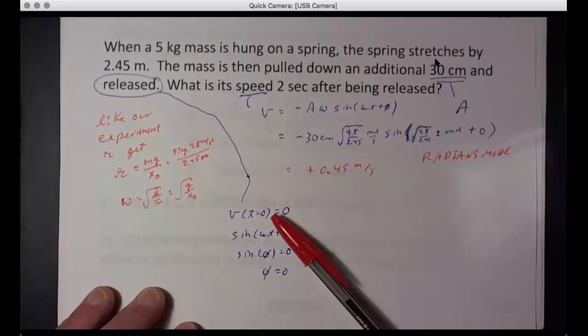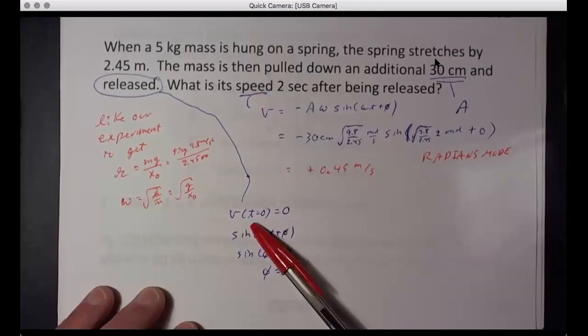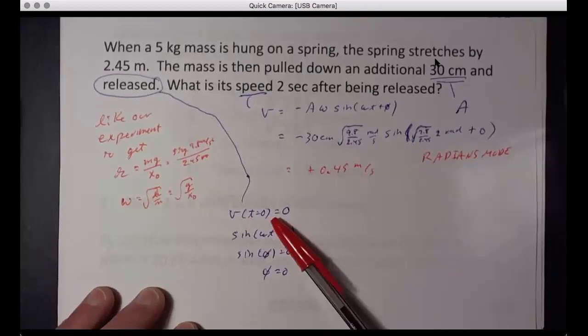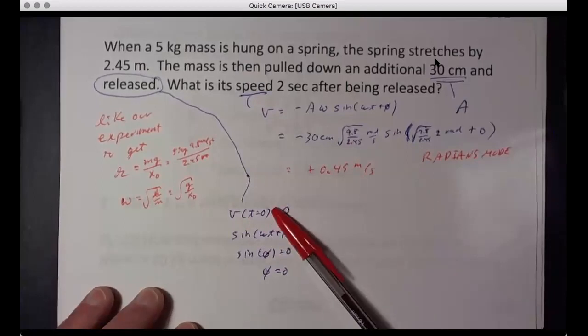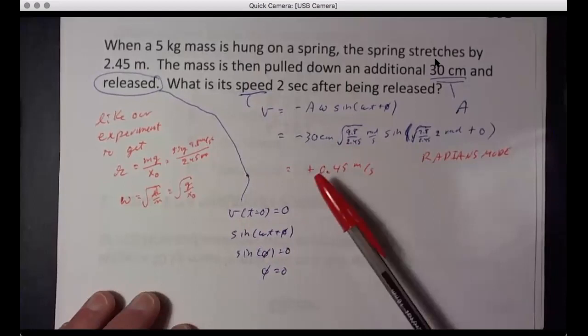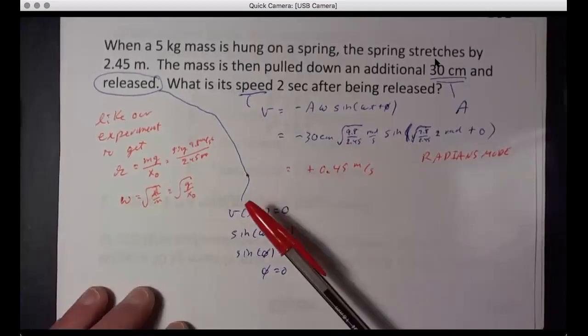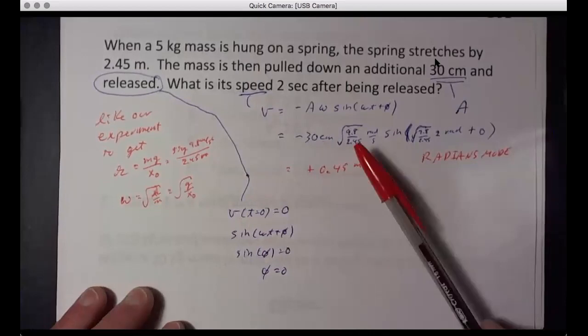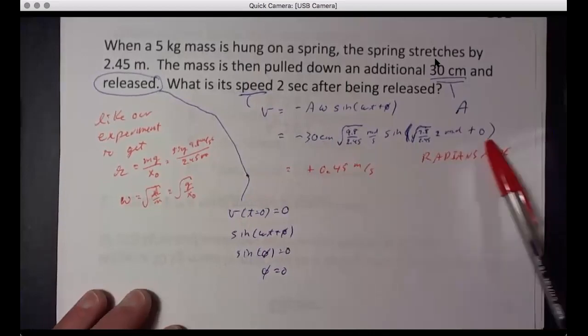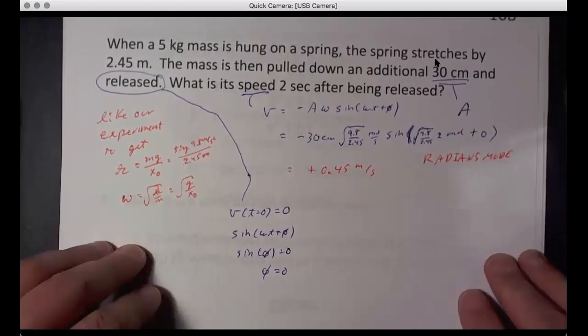But remember, you just write down what you're given. At t equals 0, what is it? It's usually going to be 0, maximum or something 0. Otherwise, it's too hard. So just put that in. And then you find that you can plug in. As long as you use radians mode, you'll probably be all right.